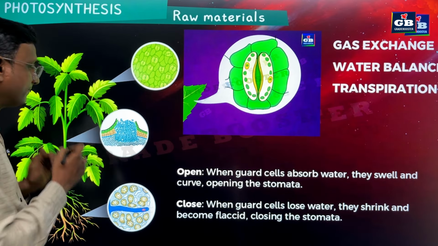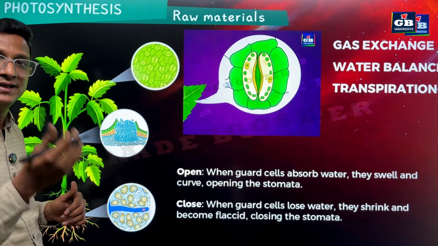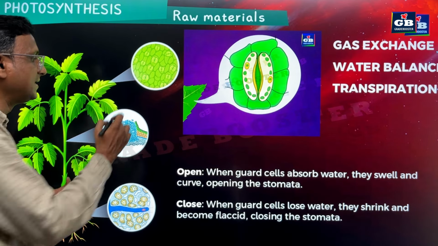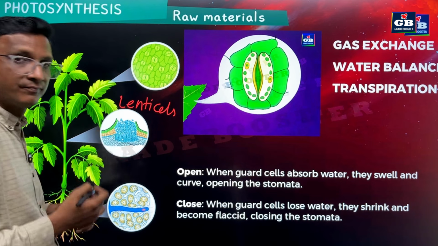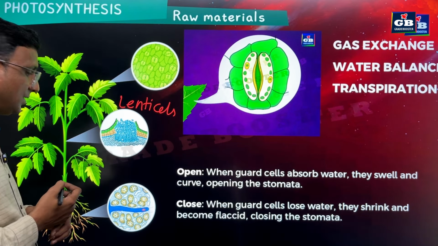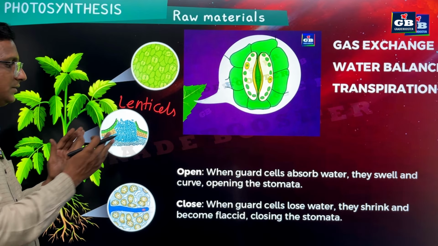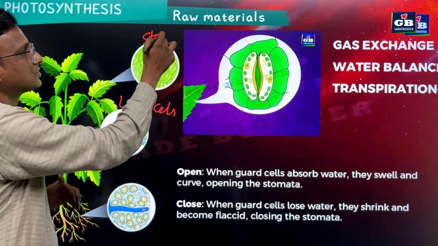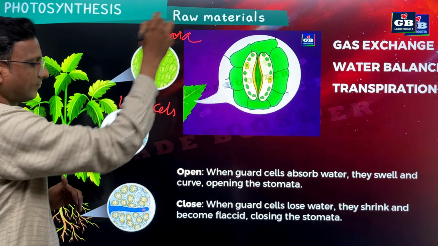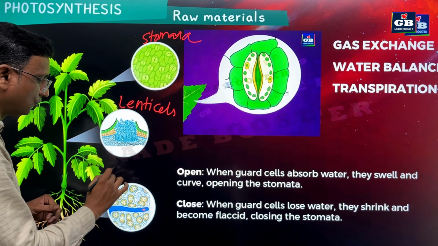But if you come to the stem, there are some other structures which help the plant to get the carbon dioxide from the atmosphere: lenticels. So, the stem gets the carbon dioxide through these lenticels, and the leaves get it through the stomata. And roots also get the air, gases through root hairs.